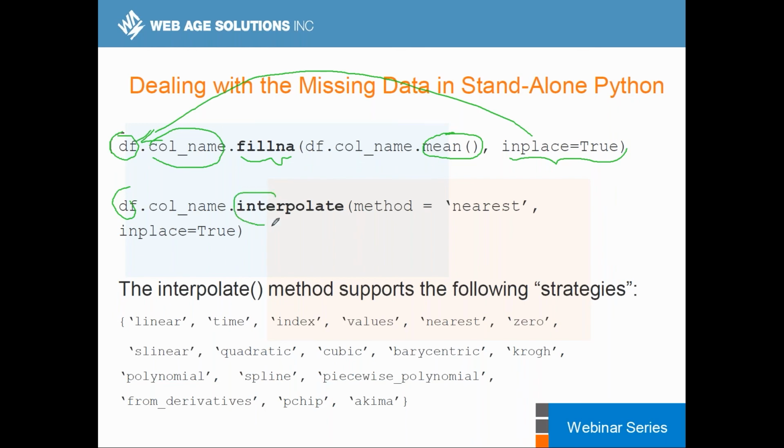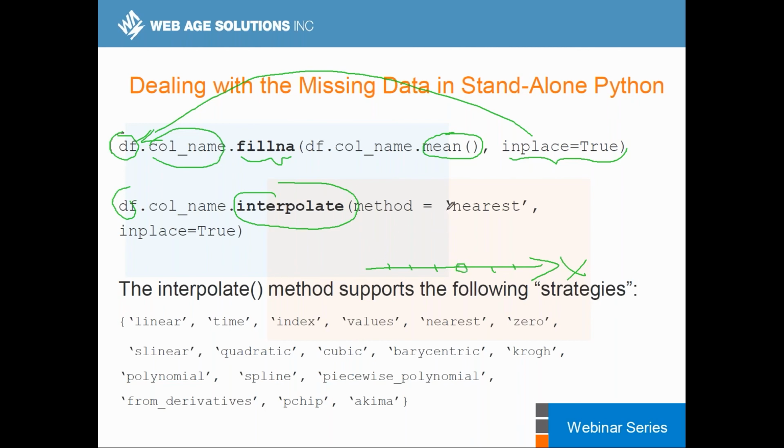Interpolate is just a way to connect the dots. So if you have, for example, some values plotted along the axis, and you will have certain points like this, and then there would be kind of a missing point here.